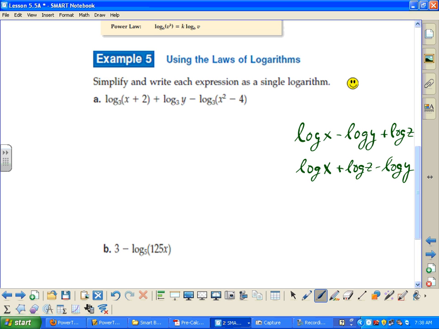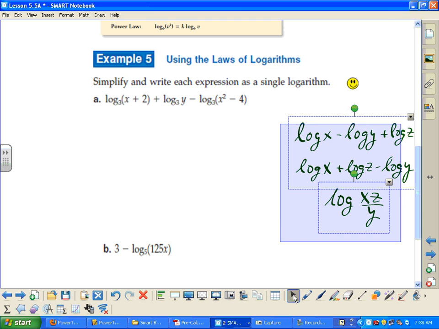And the reason we want to do that is so that we're doing the multiplication correctly, because using our properties, this would be the log of x times z, because of the adding, they multiply, divided by y. And so that's one of the things that you want to remember.